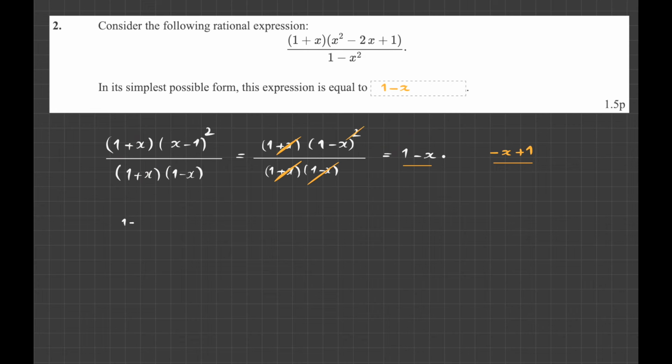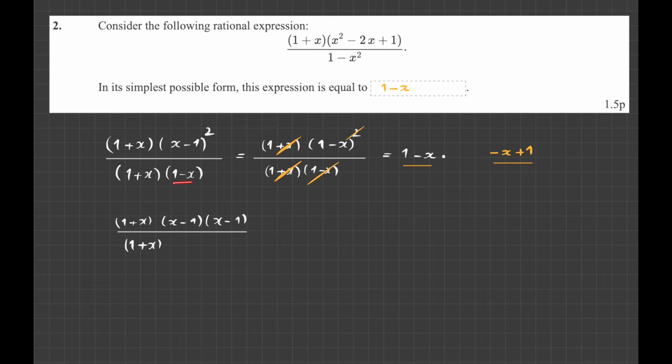You can say that 1 plus x, let me start from here again, and then instead of x minus 1 to power 2, I write x minus 1 and x minus 1. And in the denominator, I have 1 plus x, so I write it down. And if you remember in the lesson, I told you that whenever you need a minus b, but you have b minus a, the trick is to factor a minus sign out.